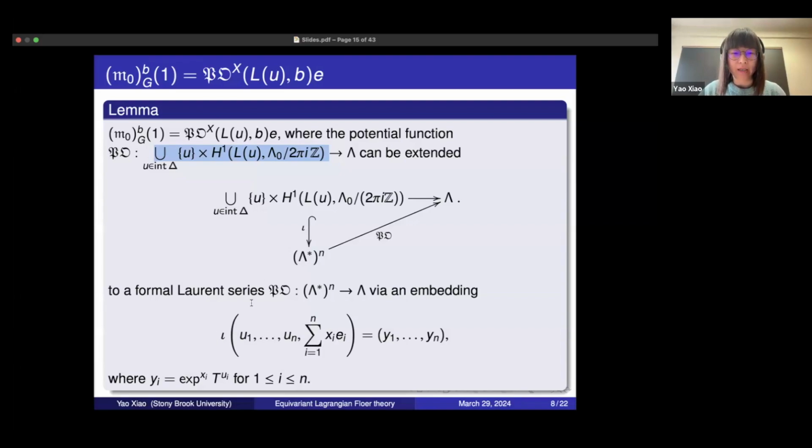So I embed u, b this way, where y_i is e to the x_i t to the u_i. This way, my potential function will become a Laurent series.